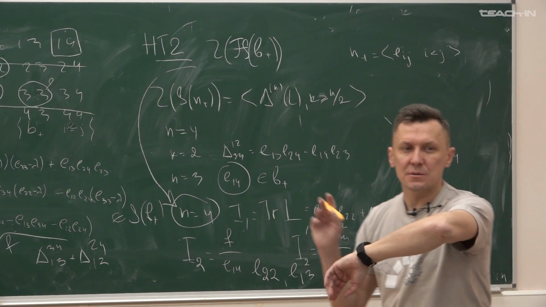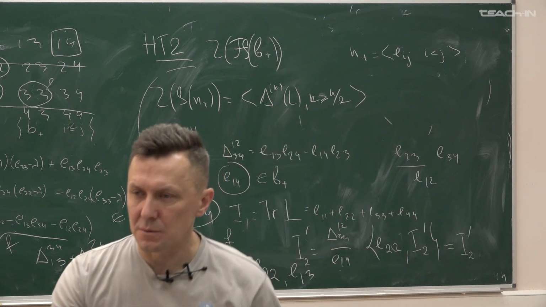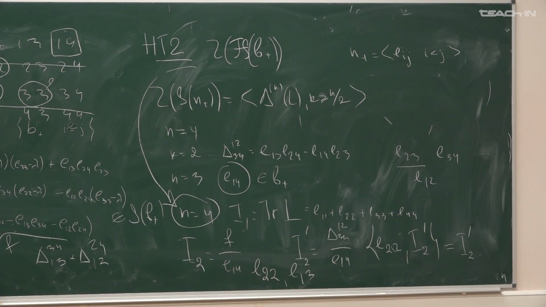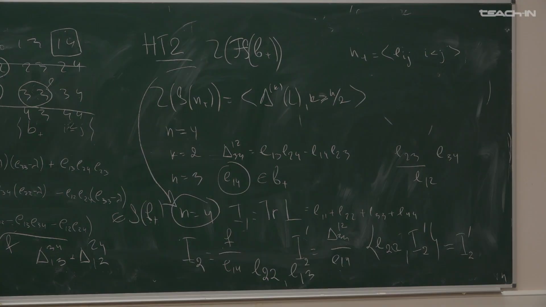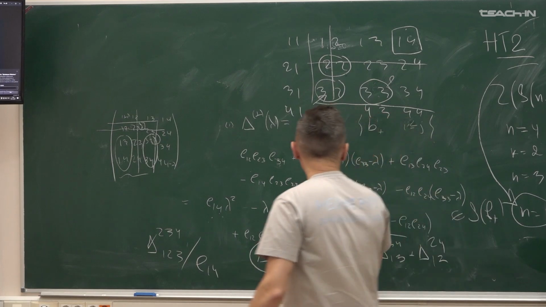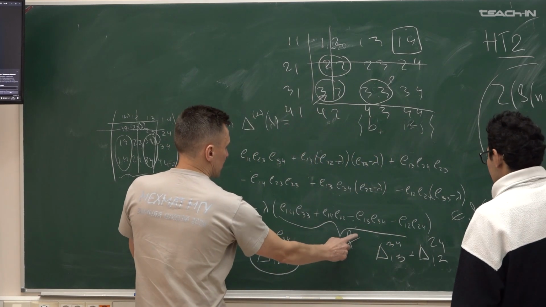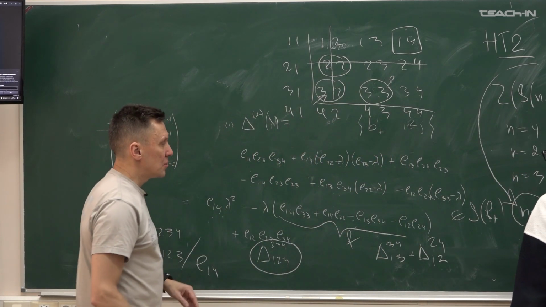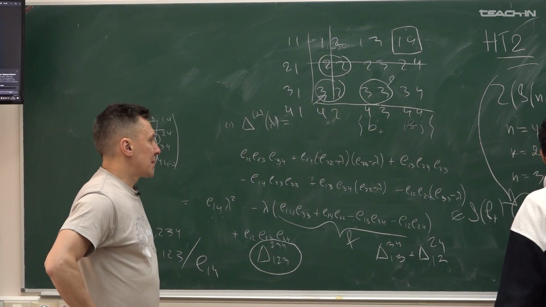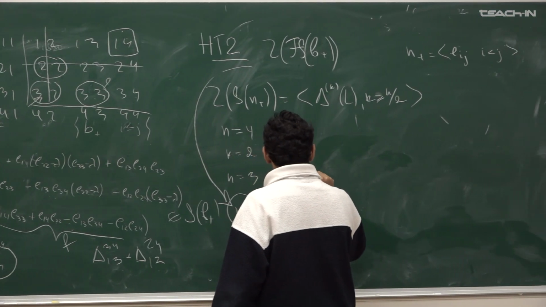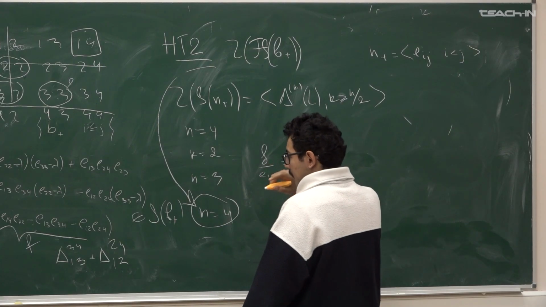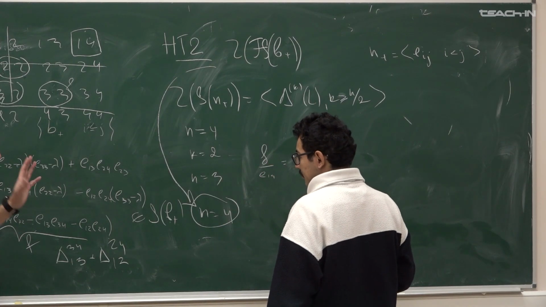Have you copied it? Yes? Have you succeeded? Would you like to try? We will help you. So this is F. We can see the ratio of F and E1, 4. And we would like to calculate the Poisson bracket with E2, 2, for example.